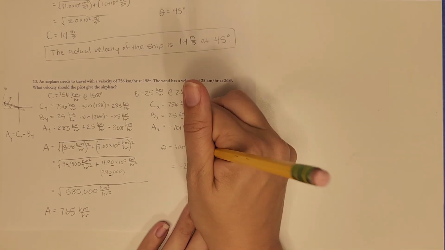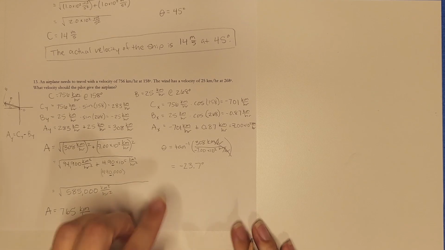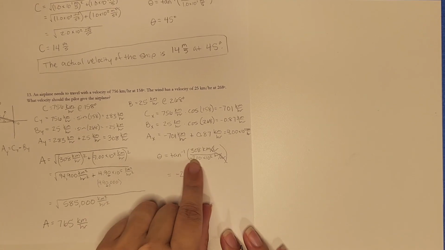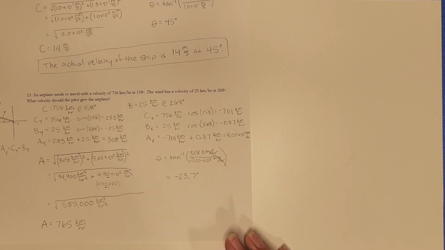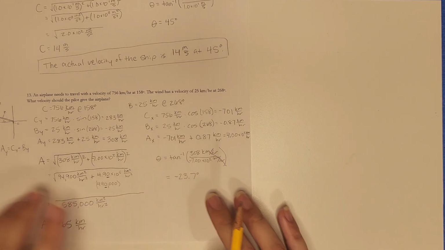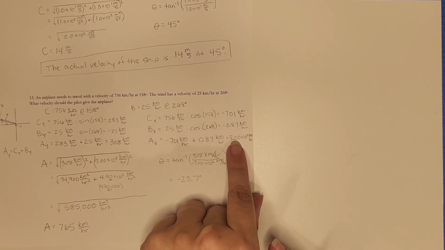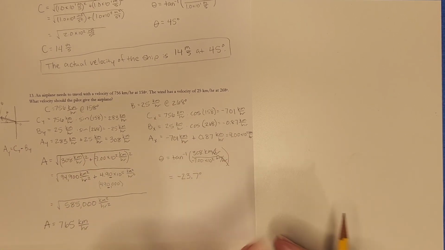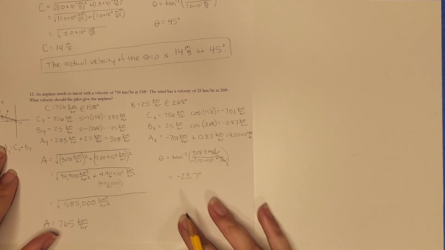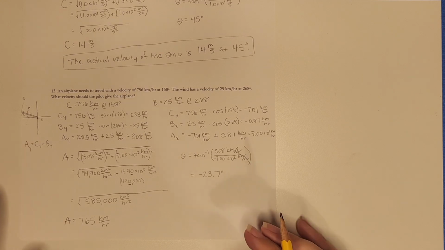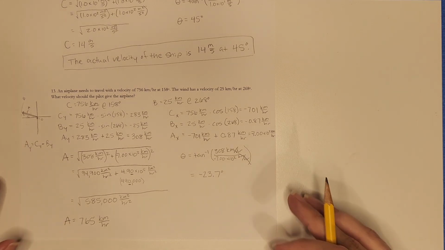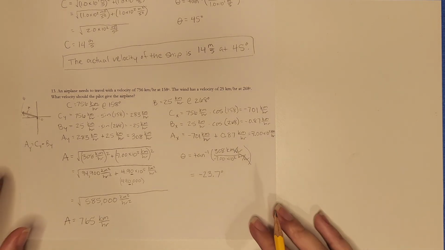Okay, and that's how I got the negative 23.7, because that should be a negative 7.00 times 10 to the second. Okay, so yes, we are right that it's a positive y and a negative x. You see, and so this is also me catching mistakes, and that's why I'm going to leave it in this video, because it's good to see your teachers showing how they catch mistakes too.